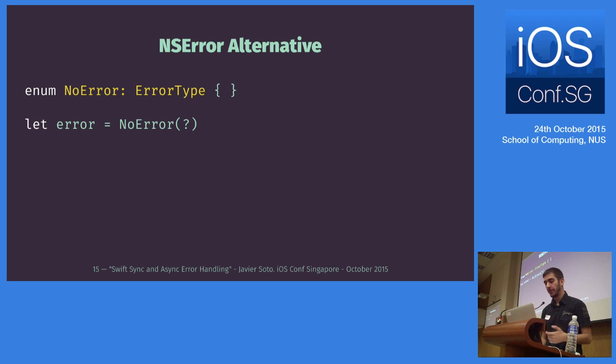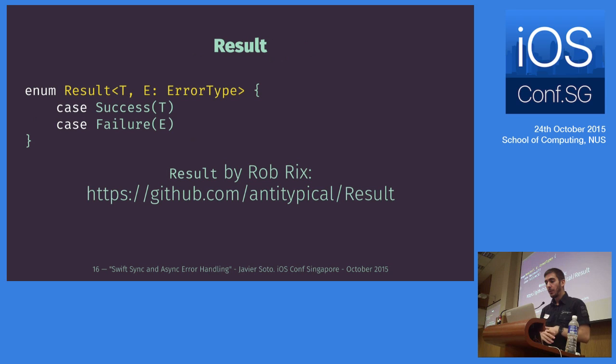So how do we use this stuff? For synchronous APIs, there's this result type that is very easy to define. It's just defined as that. But it's in an open source implementation on GitHub at that URL, and I've used it in a few apps, and it works great. And this allows us to fix the exact problem that I was talking about earlier.